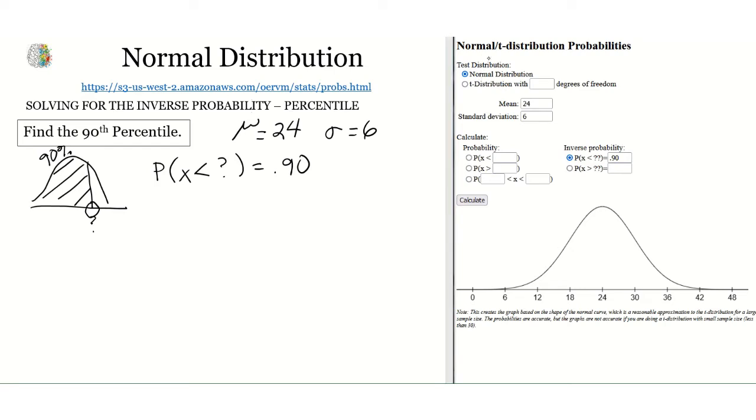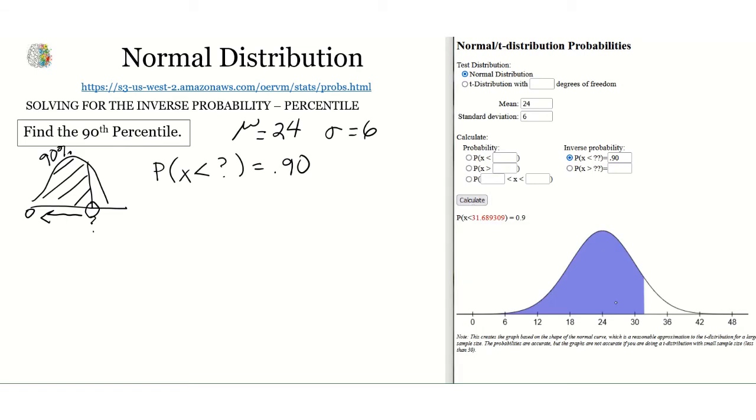So we check our calculator. We've got it marked for normal distribution, with our mean of 24 and standard deviation of 6 typed in. We're going to use our inverse probability where we're looking for the X value that is going to give me the 90th percentile. This means that that X value and less is going to give me my 90th percentile.